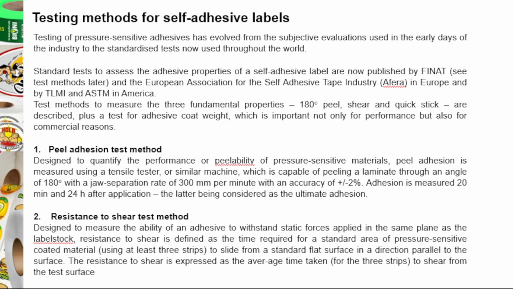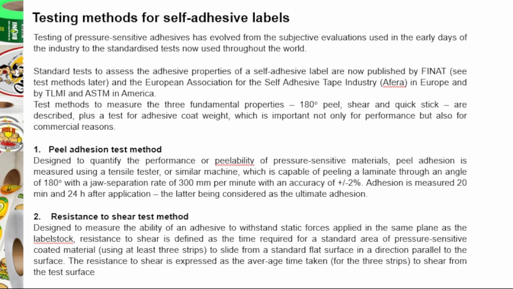Testing methods for self-adhesive labels. Testing of pressure-sensitive adhesive has evolved from the subjective evaluation used in the early days of the industry to the standardized tests now used throughout the world. Standard tests to assess the adhesive properties of a self-adhesive label are now published by FINAT, see test method later, and the European Association for the Self-Adhesive Tape Industry, AFERA, in Europe, and by TLMI and ASTM in America.